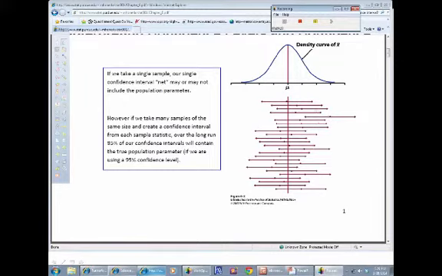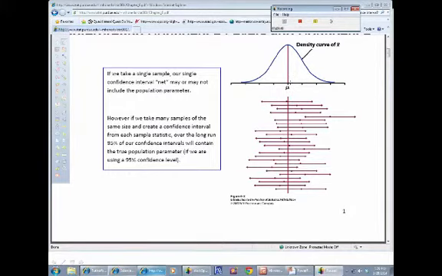But if we take many, many samples, each one of these being a sample, then if we are 95% confident, what we're saying is that in the long run, 95% of our confidence intervals will contain the true population parameter.